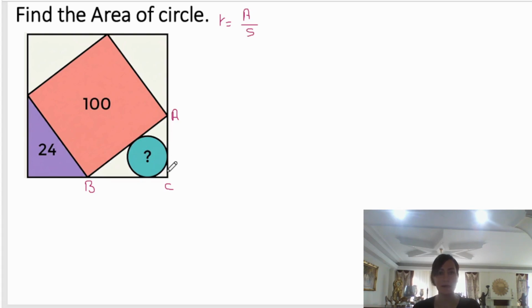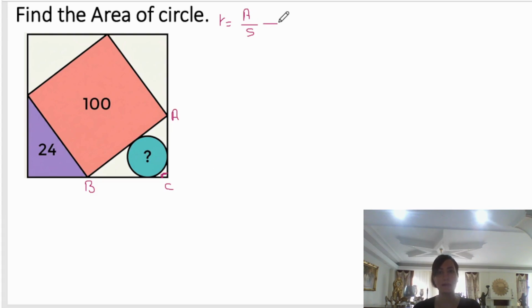But here, this triangle has the corner of this square, which is always 90 degrees. So triangle ABC is a right angle triangle.